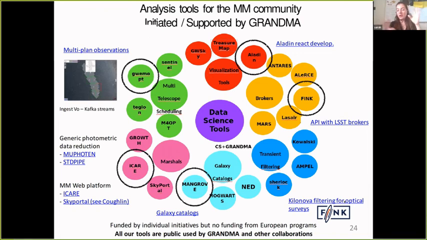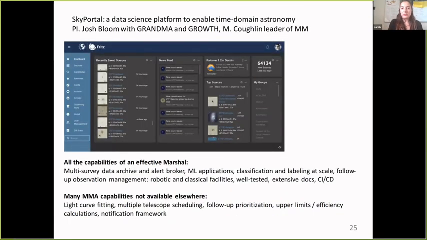That's why we connect with various groups that develop tools all over the world, especially with GROWTH at Caltech, to connect our tool and to develop some tools for observation of multi-messenger events.